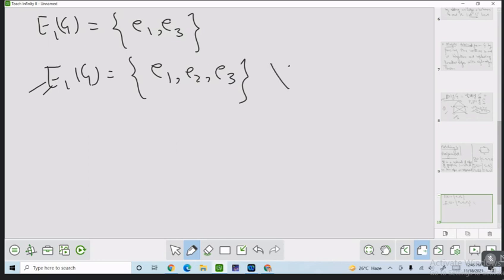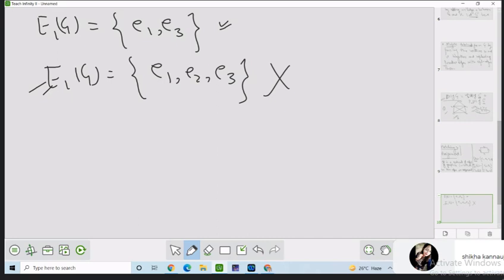It is not a matching, because if we add one edge to the matching, the resulting collection of edges will not be a matching.